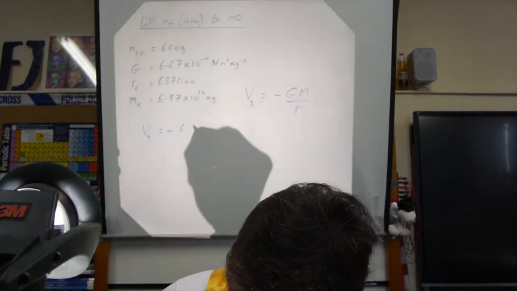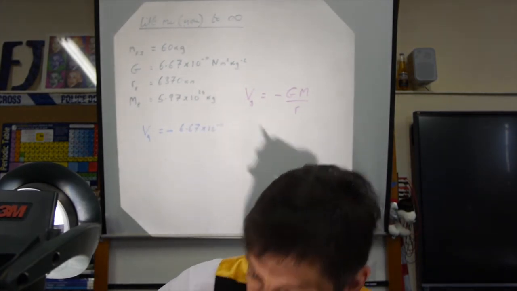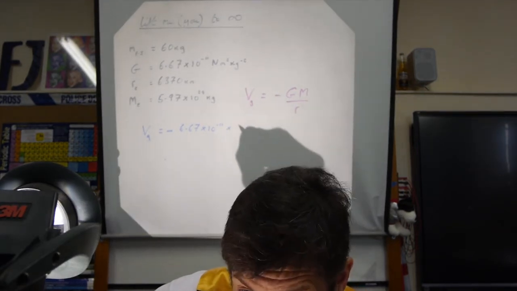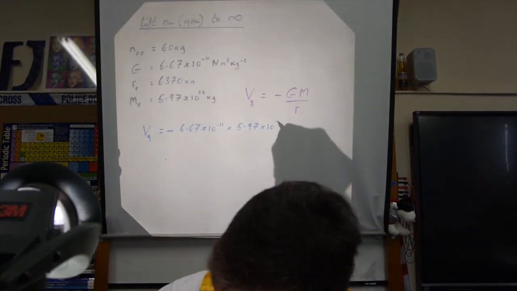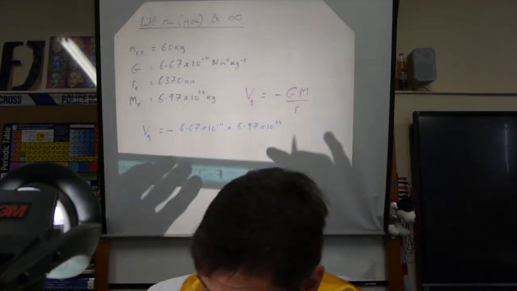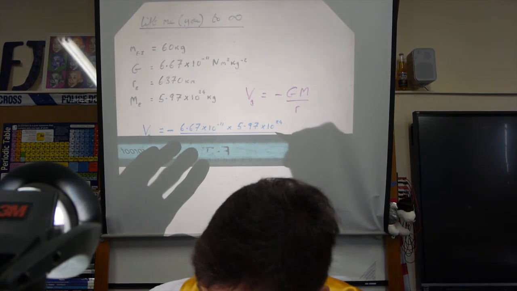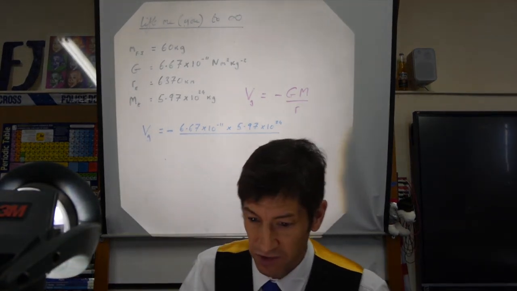So 6.67 times 10 to the minus 11, bear with me here, that's G, times the mass of the Earth, 5.97 times 10 to the 24. Let's divide that by how far away we are from the gravitational mass pulling us, in other words, on the Earth's surface.